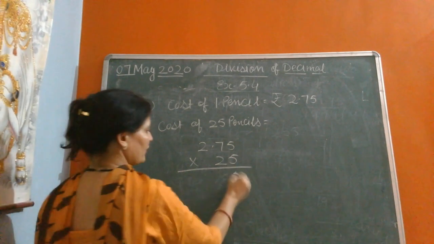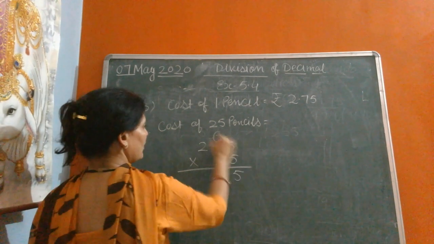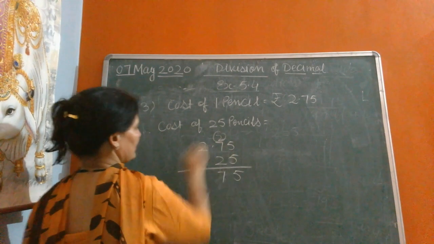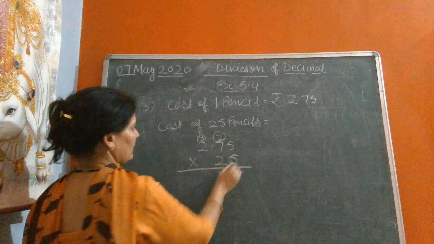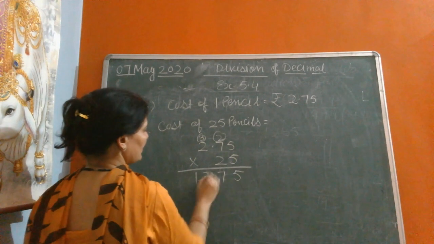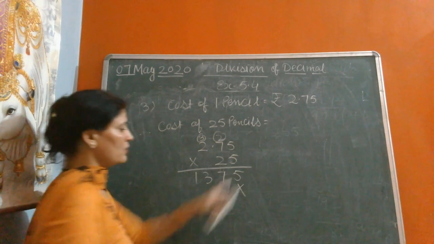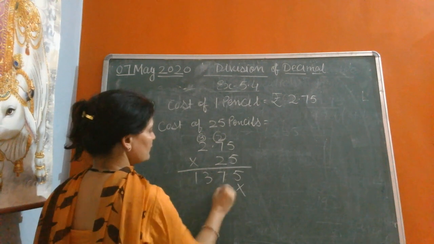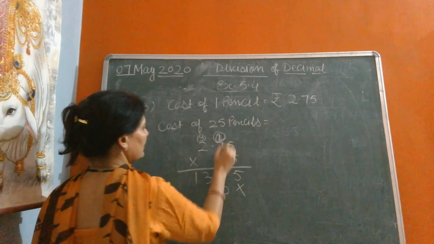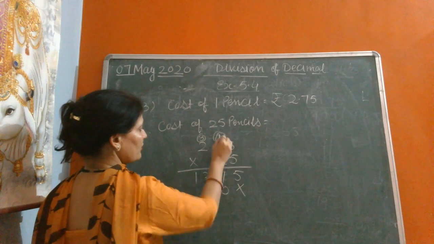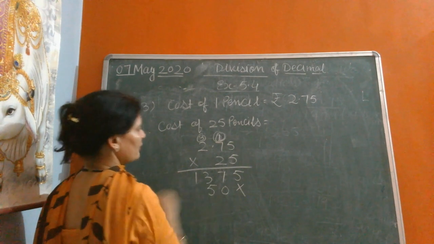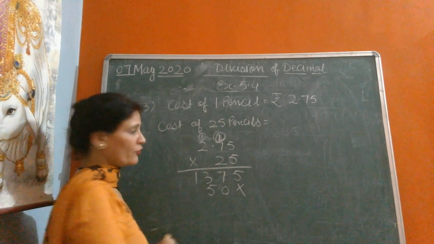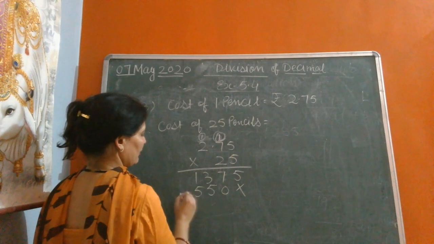5 5s are 25, 5 carry over 2. 5 7s are 35 plus 2 is 37, 7 carry over 3. 5 2s are 10 plus 3 is 13, and cross below the ones. 2 5s are 10, 0 carry over 1. 2 7s are 14 plus 1 is 15, 5 carry over 1. 2 2s are 4 plus 1 is 5.